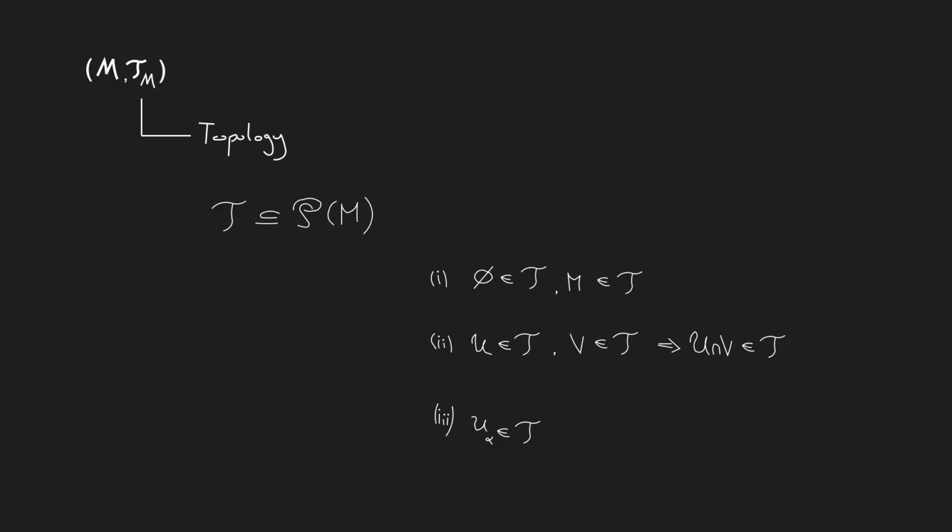And lastly, for infinite, arbitrary unions, the resulting set also has to be part of the topology. So whenever you have a collection of elements T which have these properties, it's called a topology. If you consider the set M and the set T together, it's called a topological space. Topology is used to study continuity using open sets without using a metric.